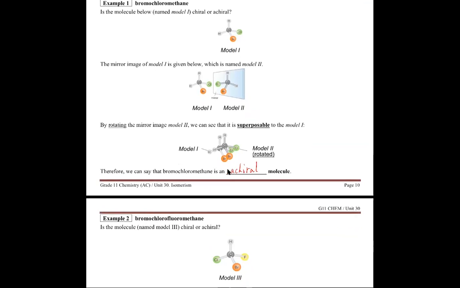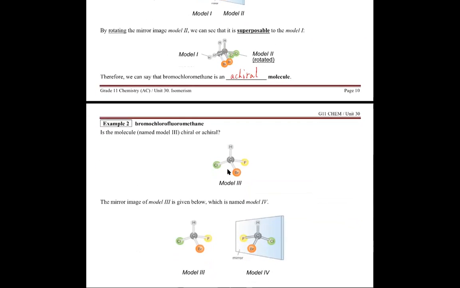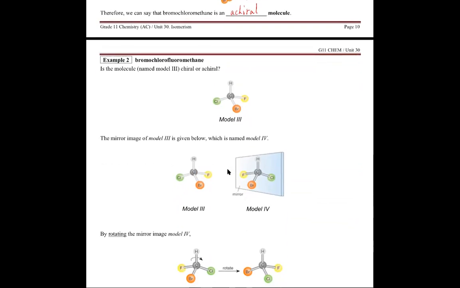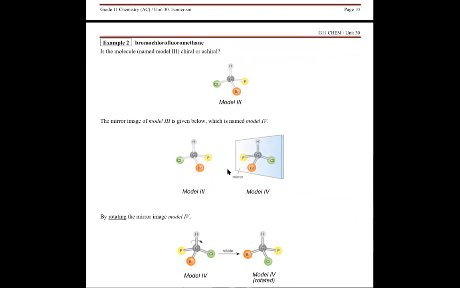Okay, it gets a little bit more complicated for example 2 on page 11. The original one is this molecule, and then I build a mirror image. When you take the mirror image of the original one, you just switch the positions of any 2 atoms. That's why on the mirror image molecule you have fluorine pointing towards the mirror, and bromine pointing towards the mirror.